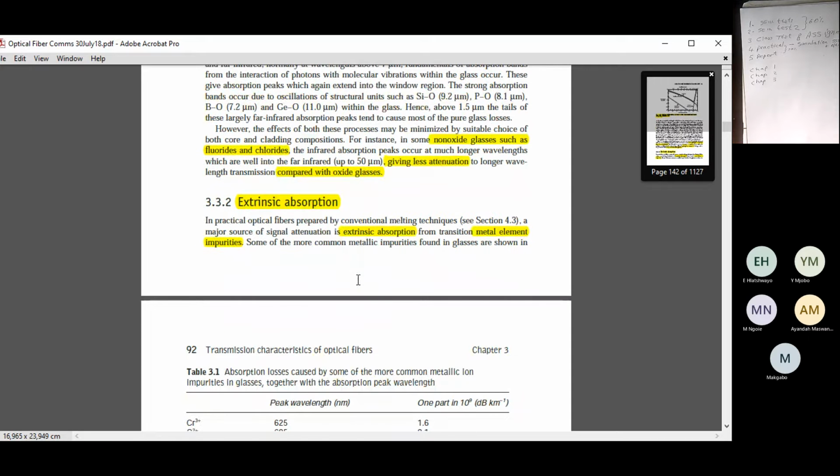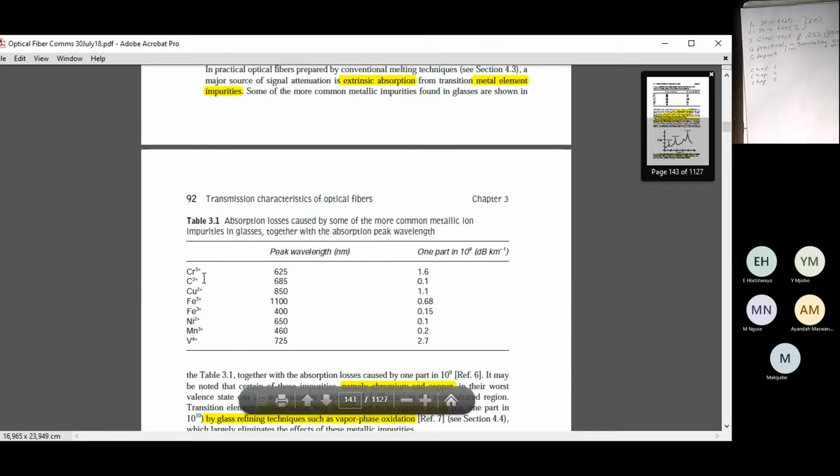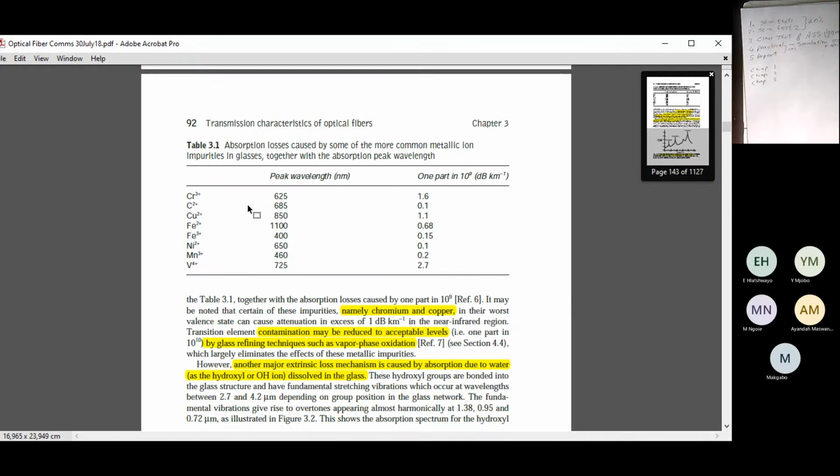Now, extrinsic absorption, which is another one. Intrinsic is inside the glass, alright? Extrinsic absorption is some metal impurities that come from the outside, and they go also into the glass. So there can be a lot of stuff, some chromium, copper, iron, nickel, and so on, and all kinds of extrinsic absorption.